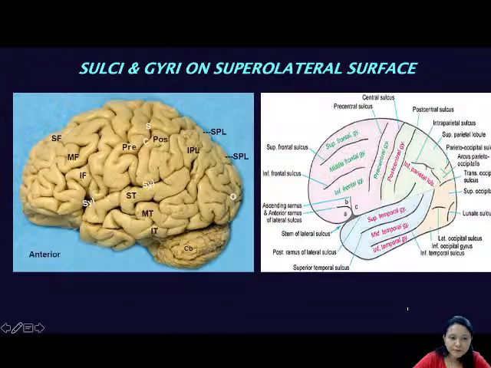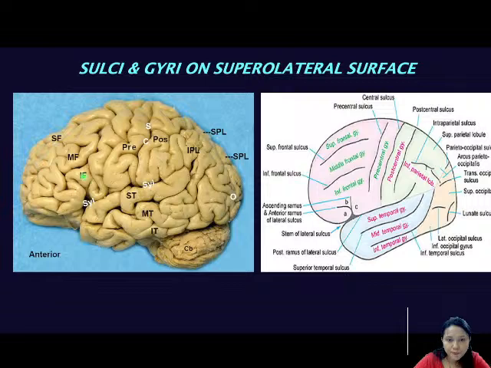So let us see again in this image. This is the central sulcus, and this is the precentral gyrus. Now you have the superior frontal gyrus, the middle frontal gyrus and the inferior frontal gyrus in the frontal lobe. Similarly, behind the central sulcus, the gyrus is known as the post-central gyrus. Then you have a superior parietal lobule and inferior parietal lobule separated by an intraparietal sulcus.